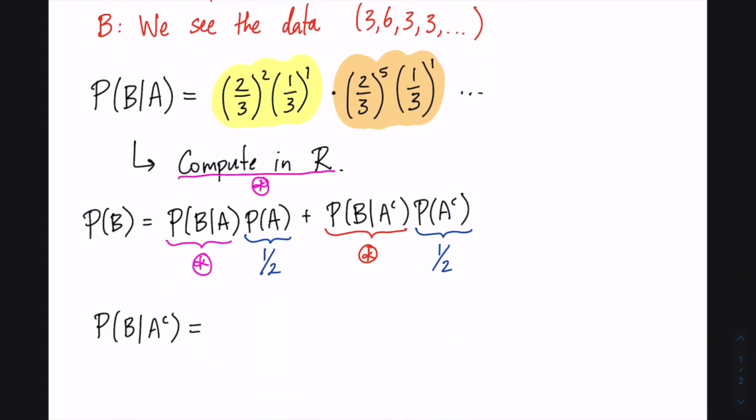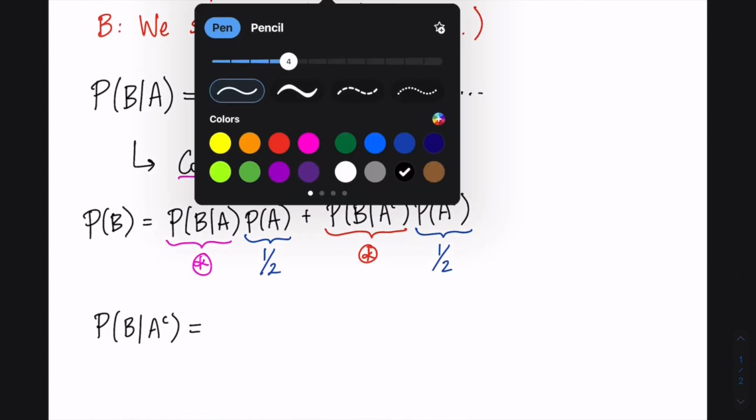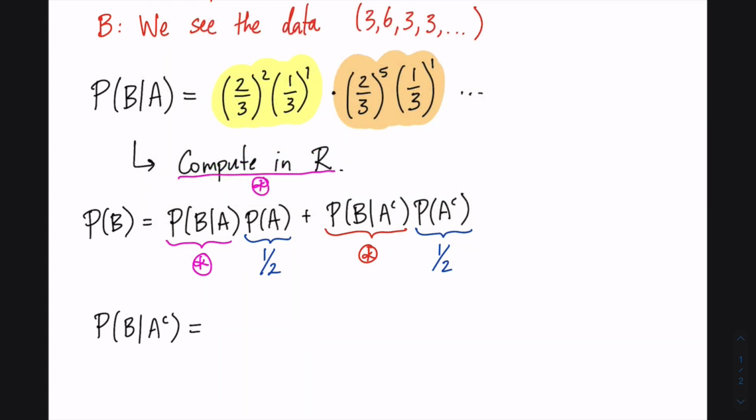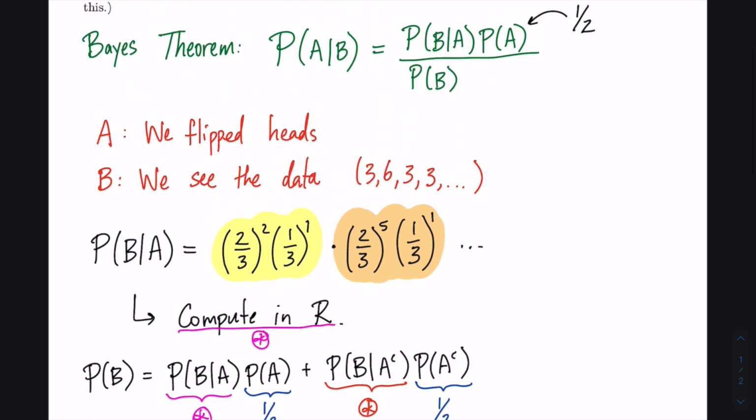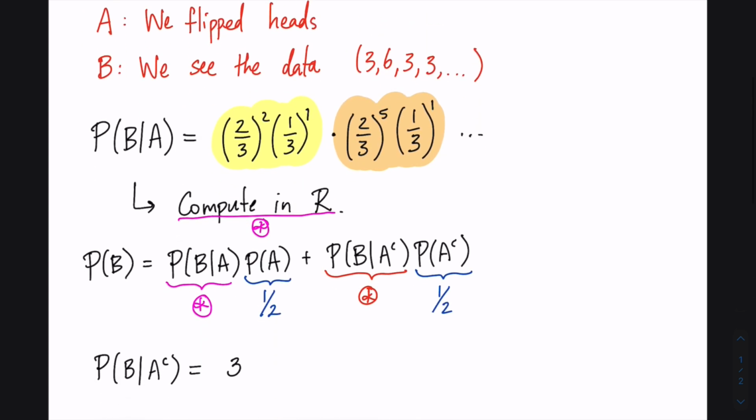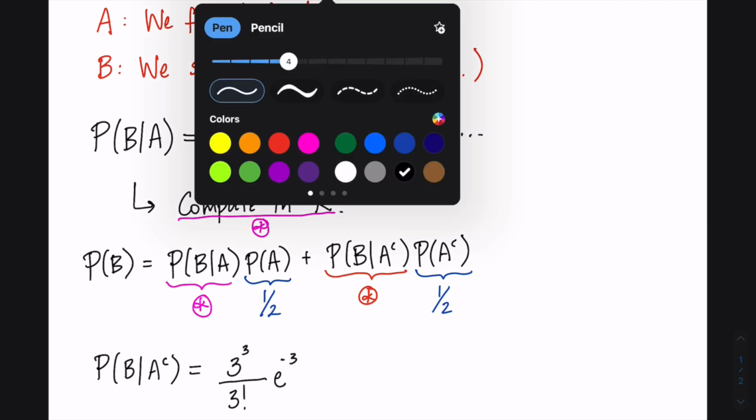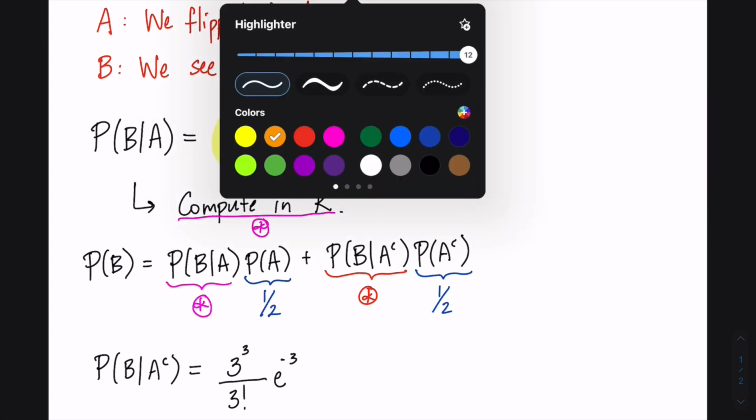And so we have to remember, well, how does that distribution go? We're going to have now 3 to, there's lots of 3's here, but we'll clarify what's what. 3 to the power of 3 divided by 3 factorial times e to the power of minus 3. And let's highlight what these are.